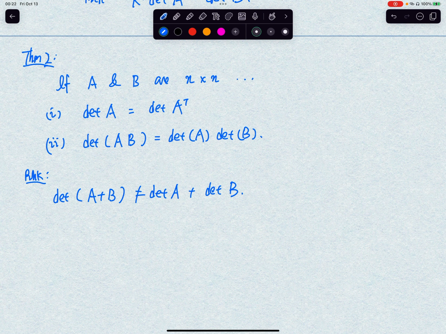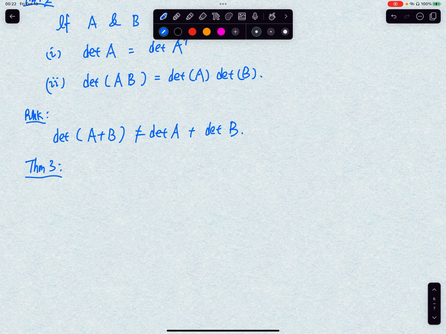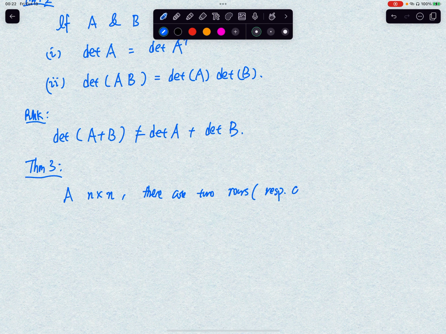So now we introduce some more results. A is an n by n matrix, and there are two rows, respectively columns, that are equal to each other.